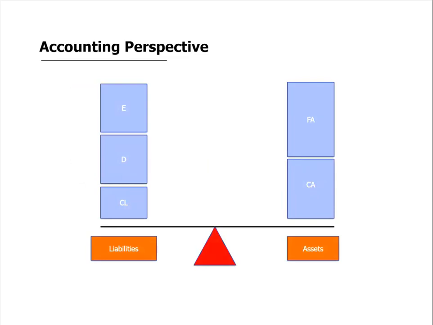So if we just look at the balance sheet and we put some terminology in here, we can see that this equity is money that shareholders invest in the business. You might call those partners, you might call them investors, and typically this is represented as share capital. Some debt in the business, accountants call these non-current liabilities. There's this kind of fancy terminology.